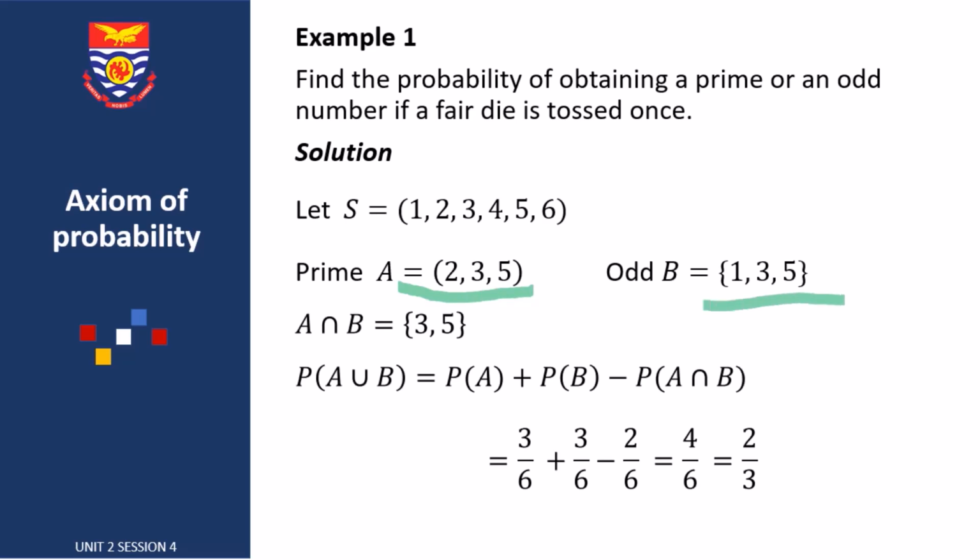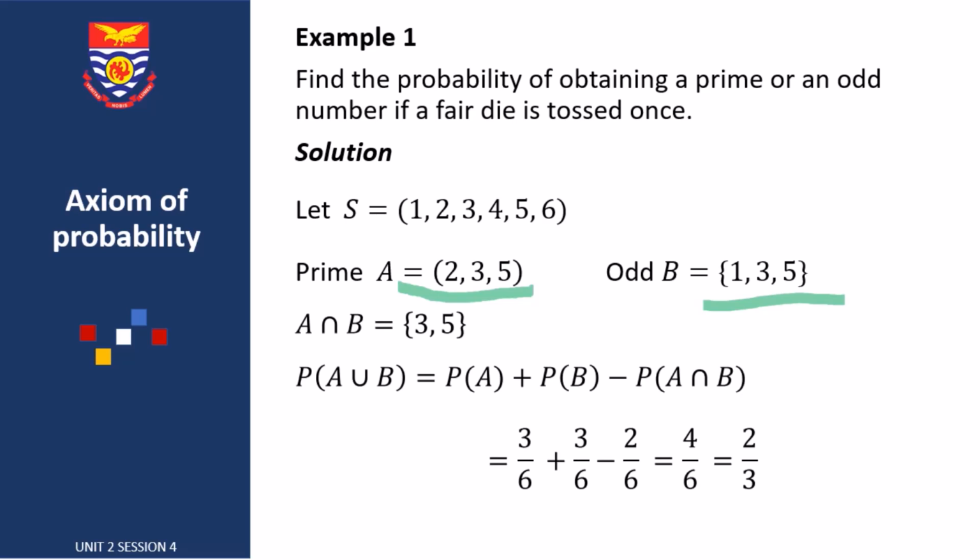Now you realize that there are numbers that appear in both sets, the set of prime numbers and the set of odd numbers. What numbers are those? You can see that they are 3 and 5. So that is the intersection of the two sets, with set A being the prime numbers and set B being the odd numbers.